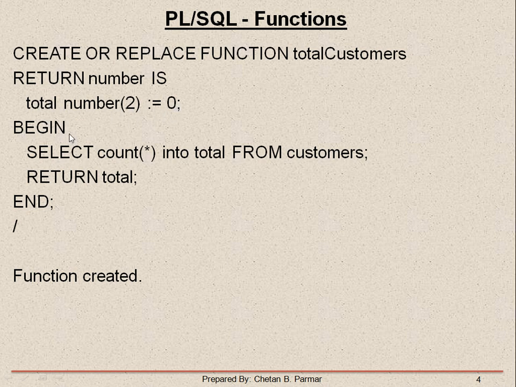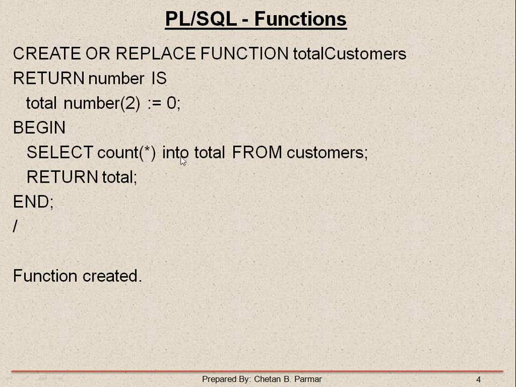Then the begin section. In the begin section I am firing a query: select count star. I think you are all aware that the count star function returns the total number of records in a table. So I fire this query and store that value into the variable total.